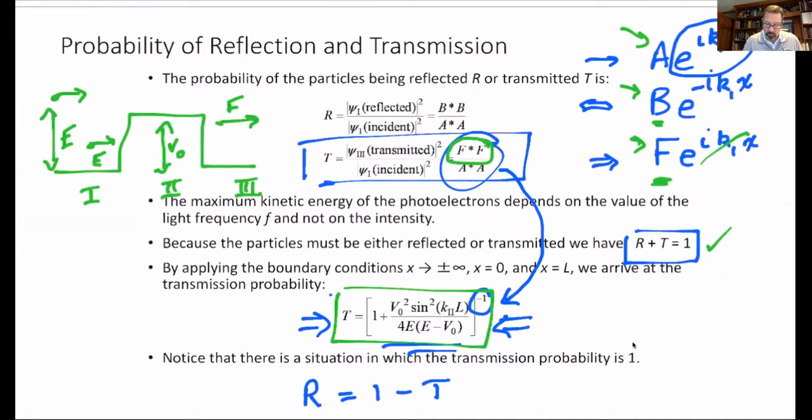The only thing I want to remind you about this is that it is a reciprocal right there. This transmission coefficient is the things in that square bracket raised to the -1 power.